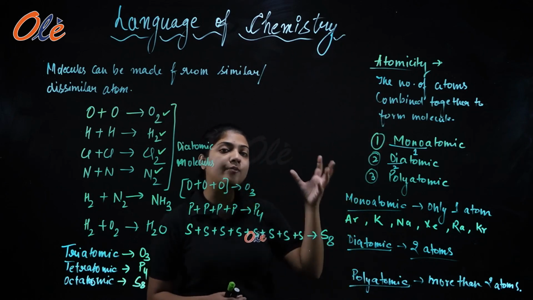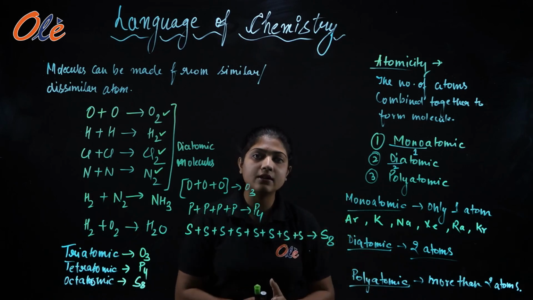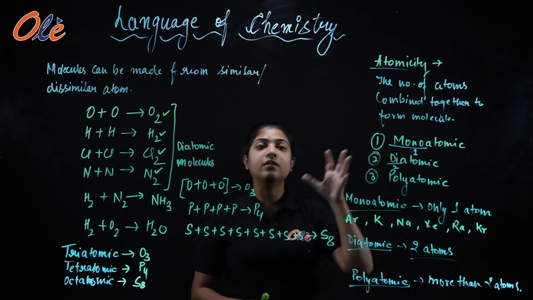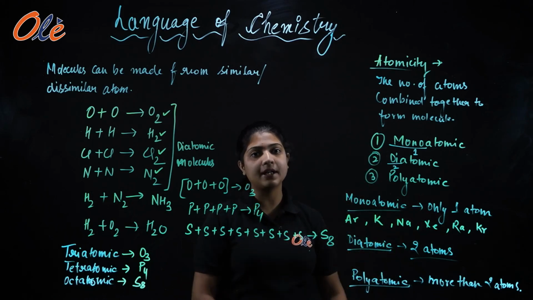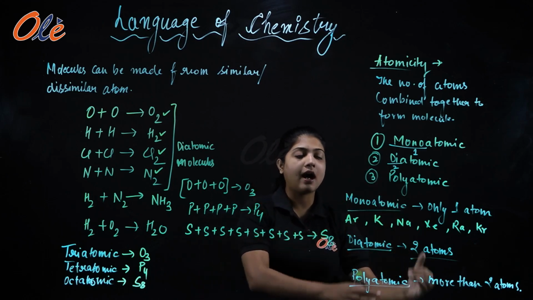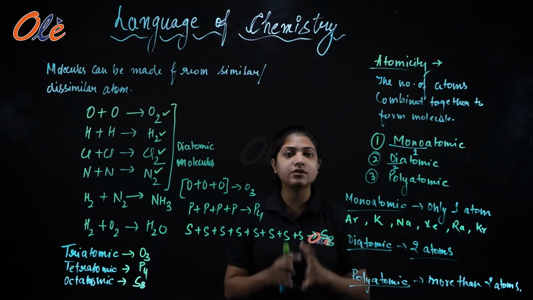Some molecules are monoatomic, that is they have only one atom, others have two atoms, and others more than two. In that way, molecules can be classified as monoatomic, diatomic and polyatomic, and these are the examples of the same.